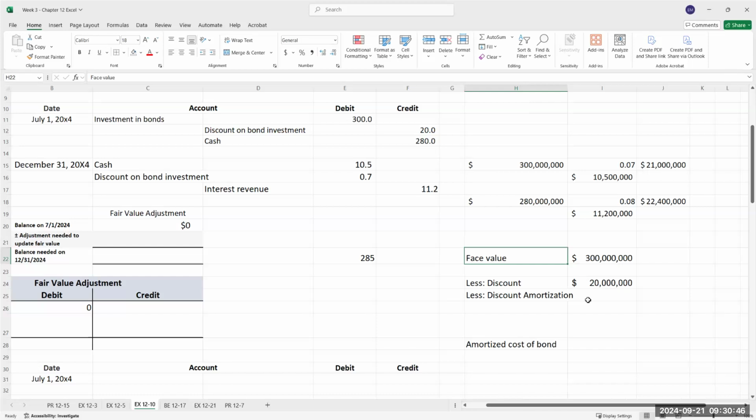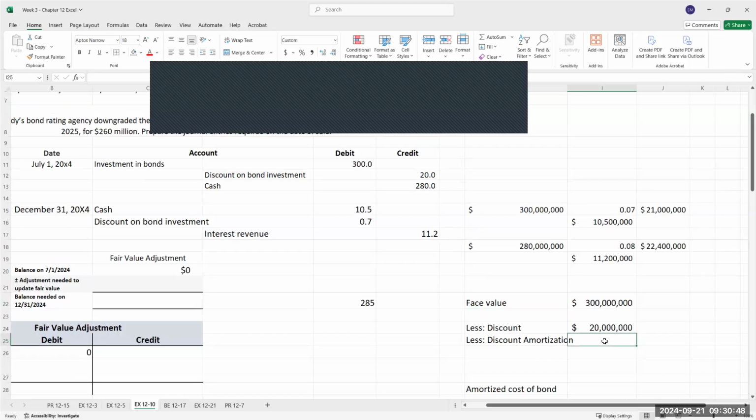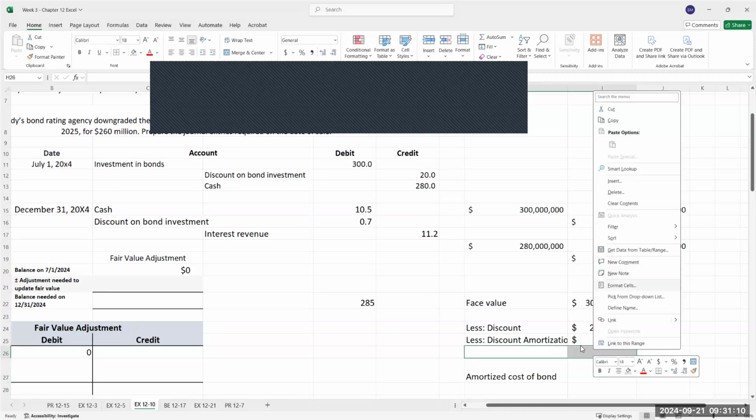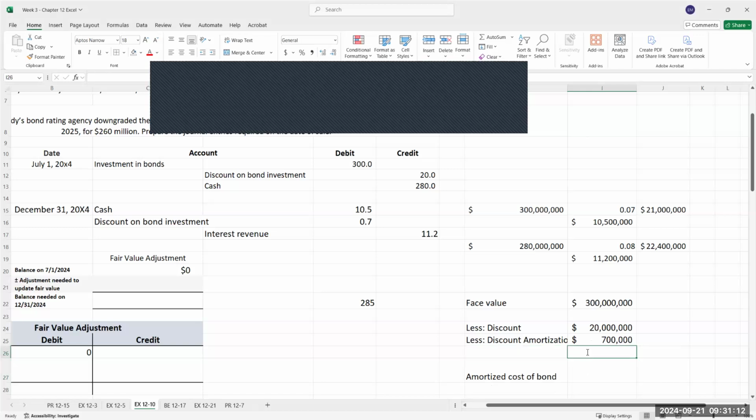And then from there, we account for the discount amortization. So in this case, again, when we paid the interest, there was an amortization of the discount on bond investment of 700,000. So therefore, we need to determine the net in our discount on bond investment.